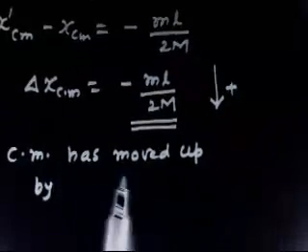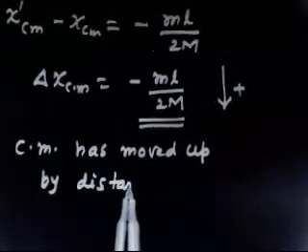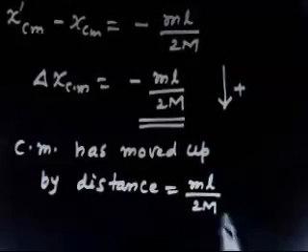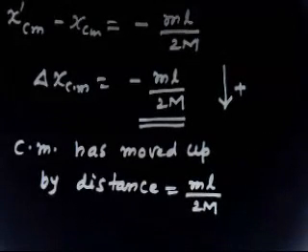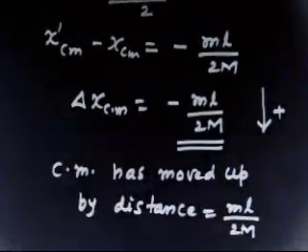So the center of mass has moved up by a distance ml divided by 2m, and this is very obvious. If you have copied this one, then fine, we'll discuss the next problem.